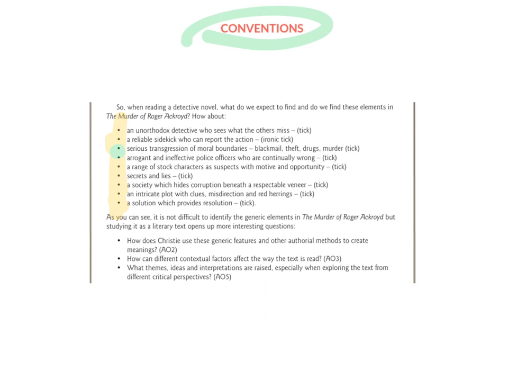Please keep an eye on the second one, a reliable sidekick who can report the action. Ironic tick. More on that later. Just have a look at the first one as well regarding Poirot and the adjective an unorthodox detective. We'll need to look closely at the portrayal of the detective.